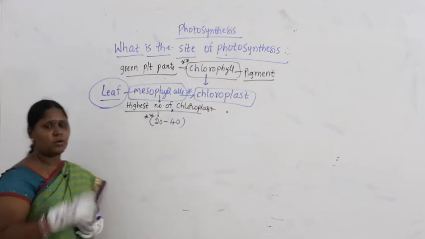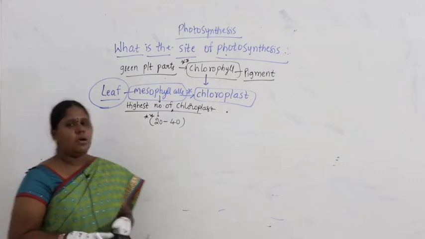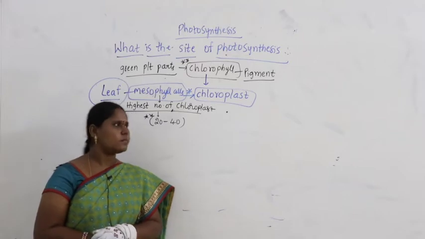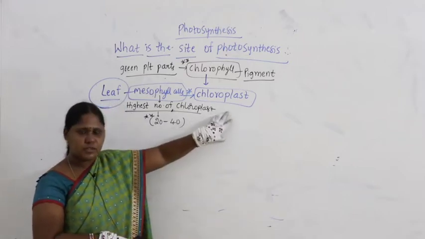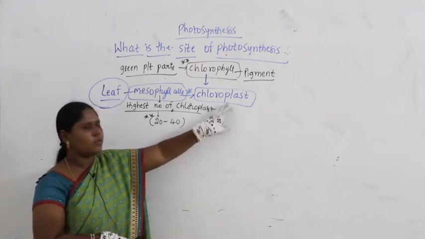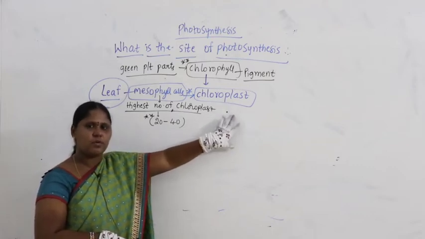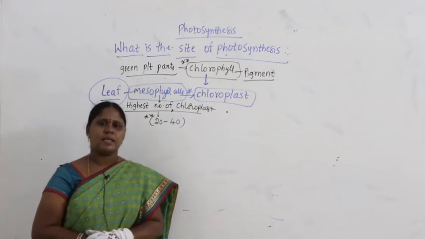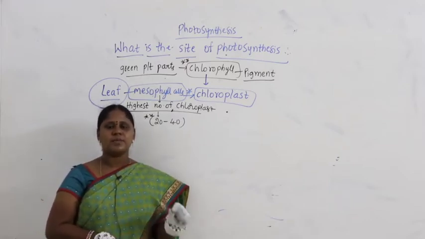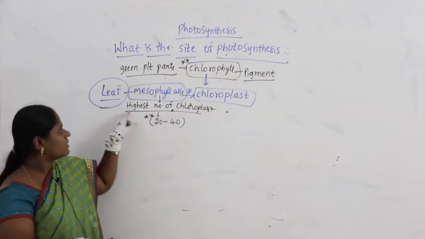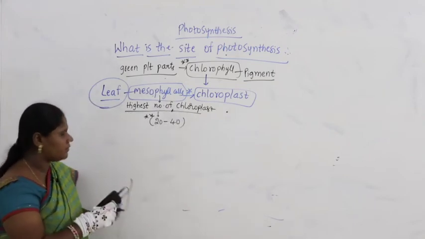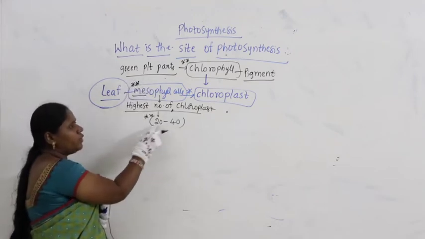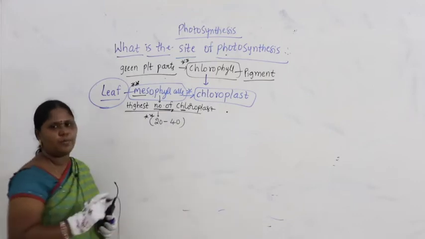Do you remember cytology? I gave you one chloroplast for one cell, that is Chlamydomonas. In the first year cytology class, when we discussed the structure of chloroplast, I told you one chloroplast per cell, example Chlamydomonas. The maximum number of chloroplasts is found in mesophyll cells, each containing 20 to 40 chloroplasts.